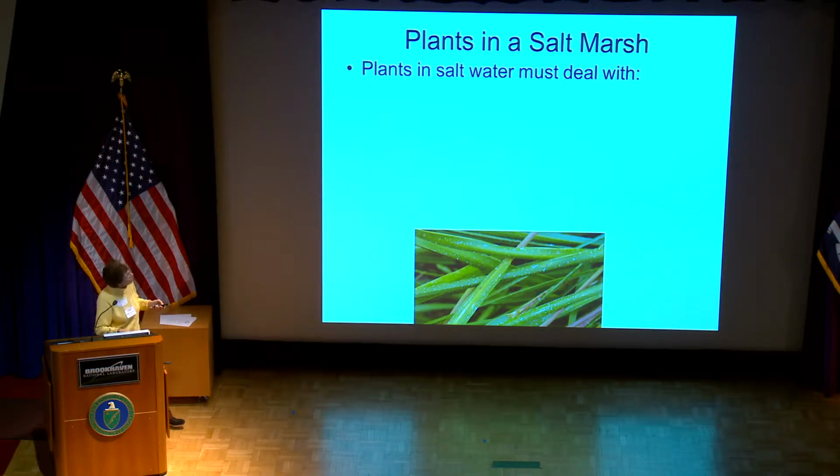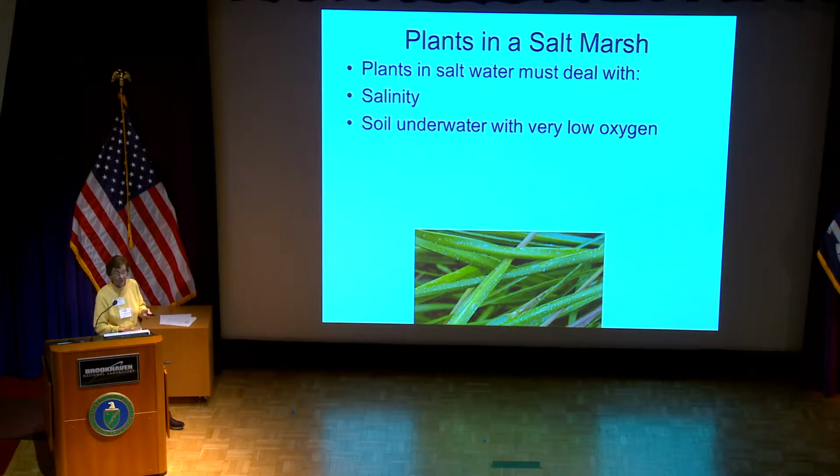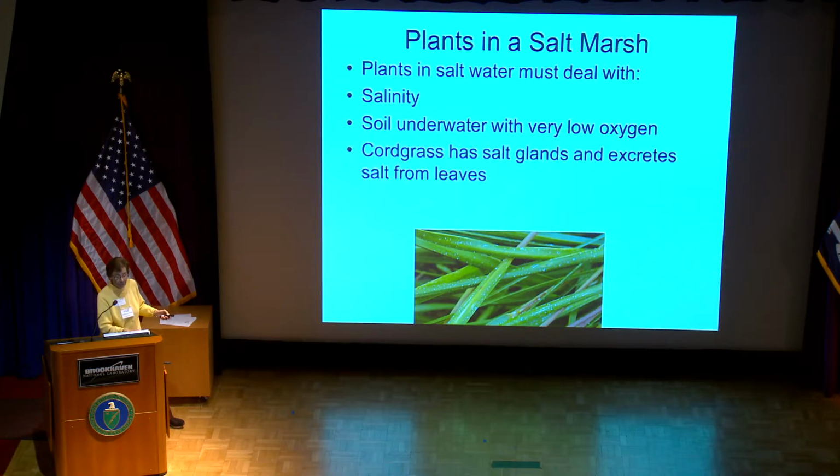So these plants have to deal not only with being submerged in water twice a day, but they also have to deal with the salt, with the salinity. And the cordgrass has special adaptations to do this. I'll get to that in a second. And the other issue is that they're underwater in areas where their roots have very low oxygen. So we have a few unique problems that happen to you if you're a plant living in salt water.